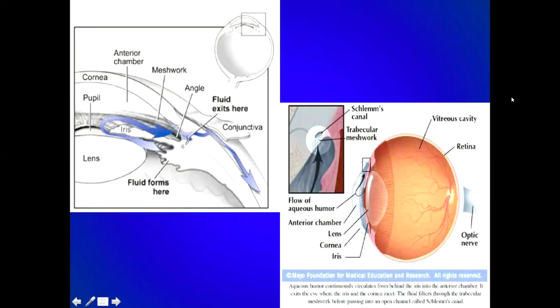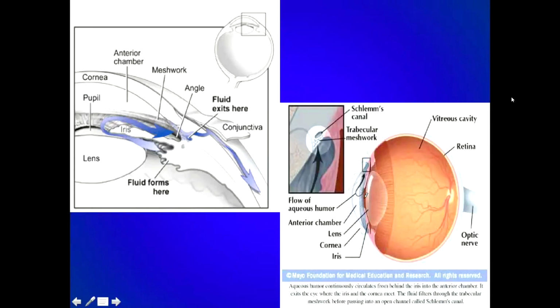And glaucoma, generally we divide as primary open angle glaucoma or primary angle closure glaucoma. So here, if the iris pushes forward and this angle is obliterated, it is a closed angle glaucoma. Okay?